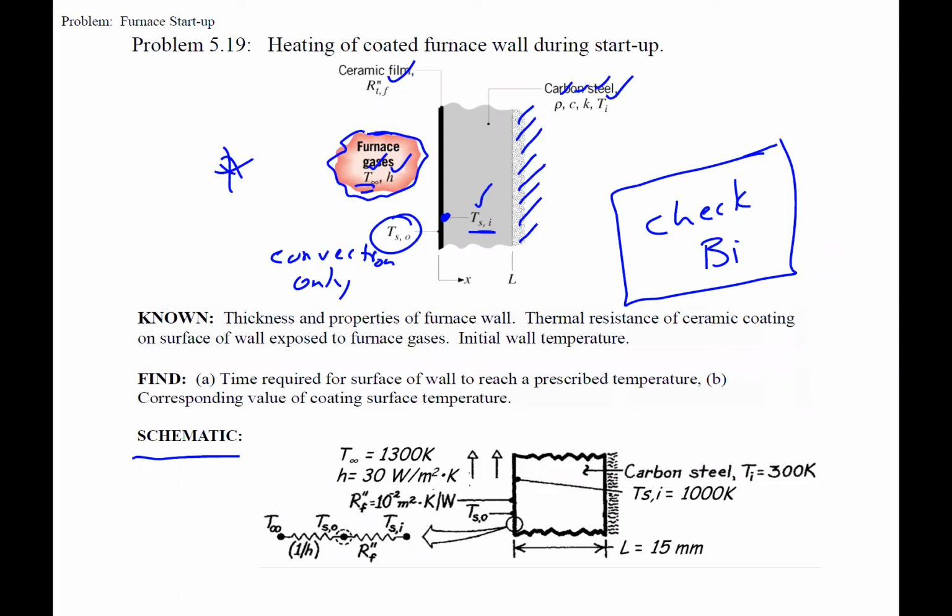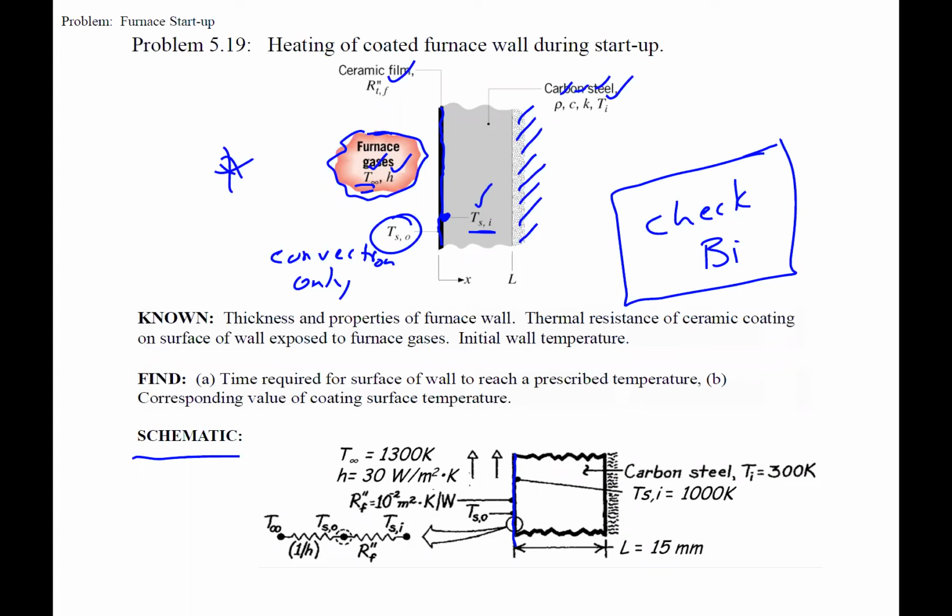There's a bunch of key things they told us, but one of the unique things in this one is we have this film, right? That's right here with the resistance, and the schematic here. And they told us to assume the film has negligible thermal capacitance. That means we're neglecting the film's energy stored term.